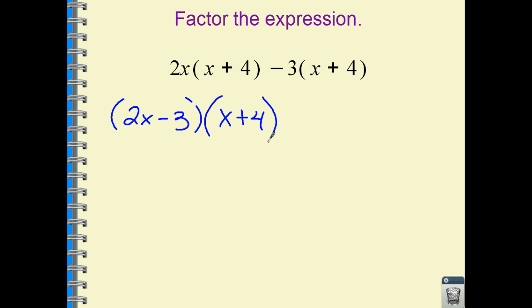So we took our first term in the first binomial and multiplied it by each term in the second, and then we took that negative 3 and multiplied it by each term in the second, and we were able to come up with our answer. And this is just a shorter way of writing it. So our job is to shorten it. See how it's this long extended multiplication problem? We're going to look for common factors that we can group together to make our life a little bit easier.